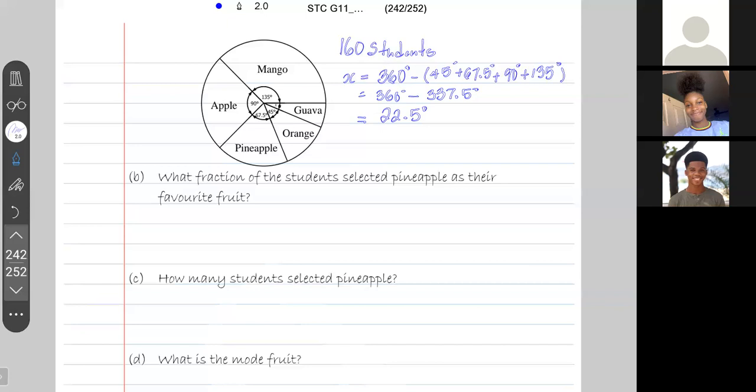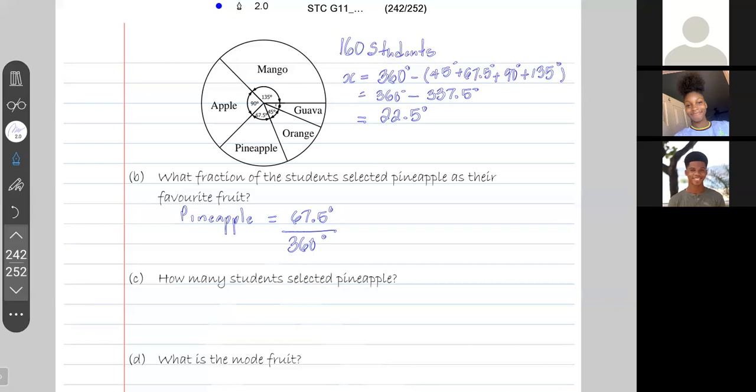What fraction of the students selected pineapple as their favorite fruit? The sector angle representing pineapple is 67.5 degrees out of 360 degrees. What we'd probably try to do is see if we can reduce this.